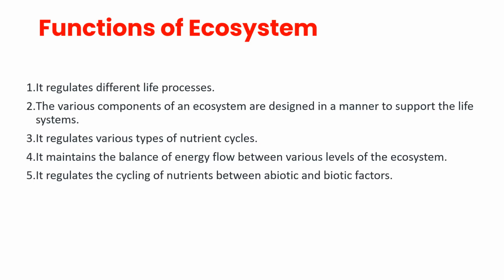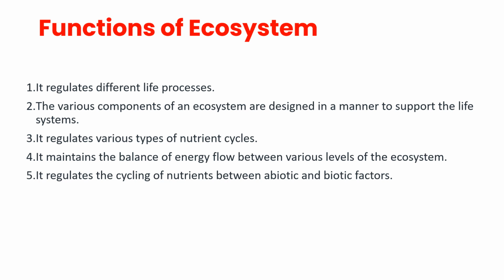Coming to the functions of the ecosystem. If we focus on the functions of an ecosystem, basically it helps in productivity, which refers to the rate of biomass production. It also helps in energy flow. Energy flow is the sequential process through which energy flows from one organism to another.